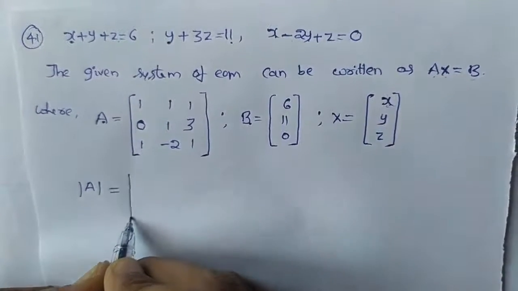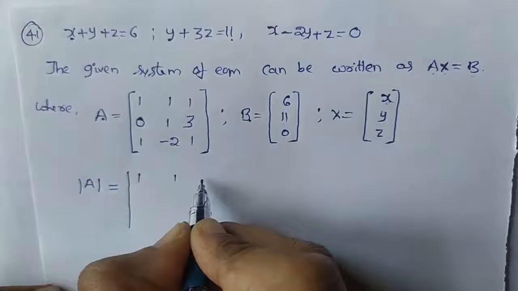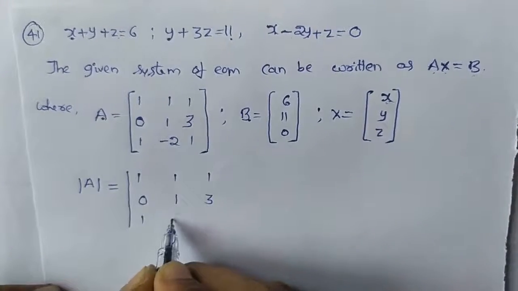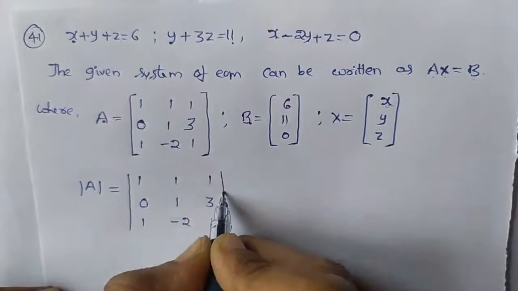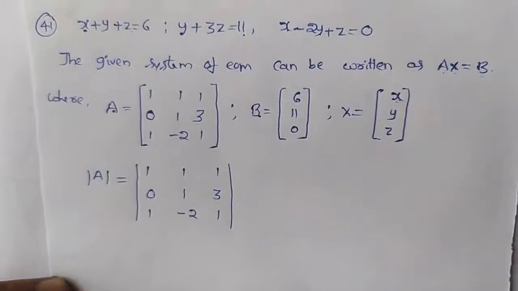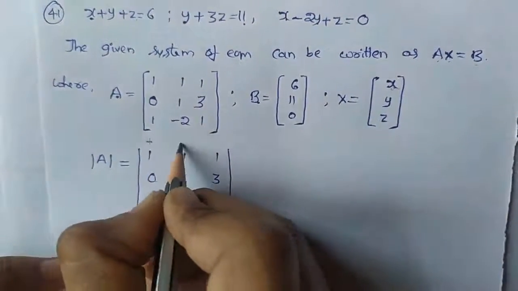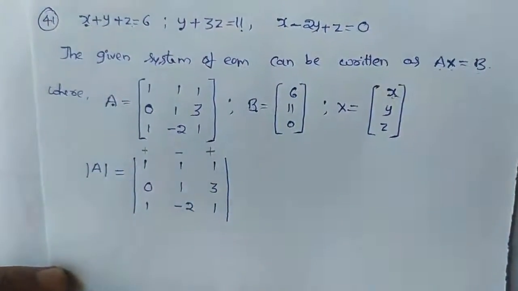Determinant of A: the determinant of 1, 1, 1; 0, 1, 3; 1, −2, 1. Finding the determinant, I think you know well: plus, minus, plus.